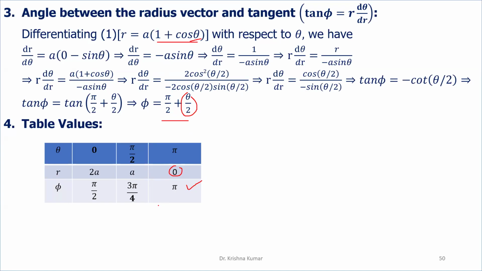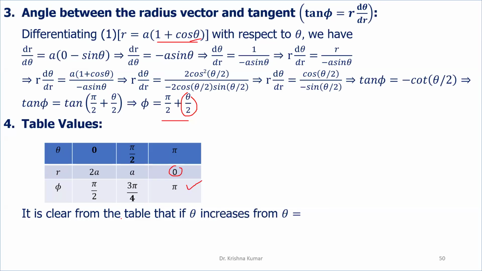Let us notice some important points from this table. It is clear from the table that if theta increases from 0 to pi, then r decreases from 2a to 0.